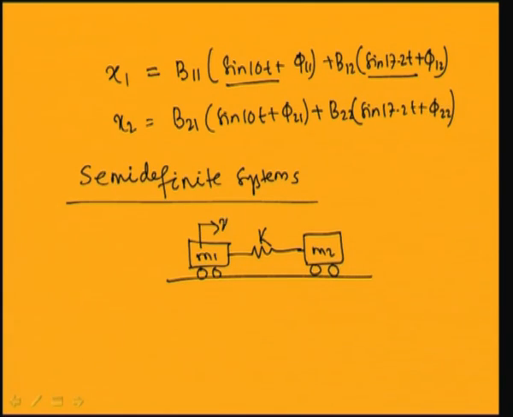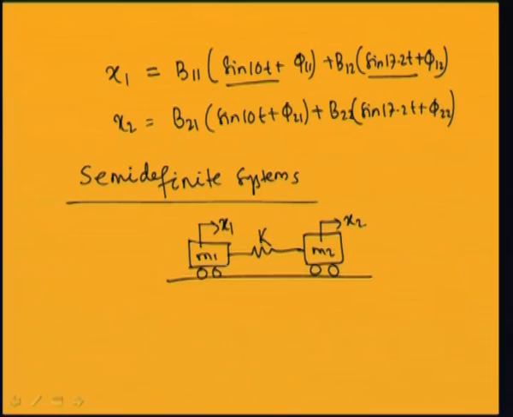So, this is x1 and this is generalized coordinate x2. So, kinetic energy equal to half m1 x1 dot square plus half m2 x2 dot square, and potential energy equal to half k into (x2 minus x1) whole square. So, you can find the equation of motion of the system in this form.